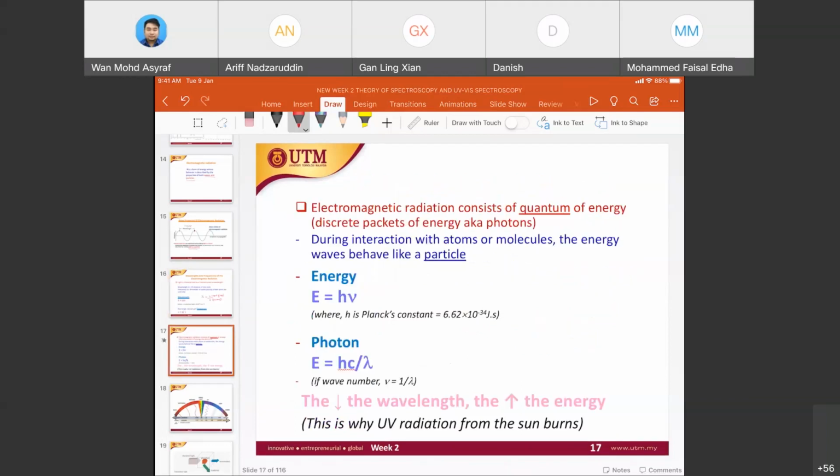Alright, so electromagnetic radiation consists of quantum energy that, during interaction with molecules, behaves like a particle, as I mentioned before.